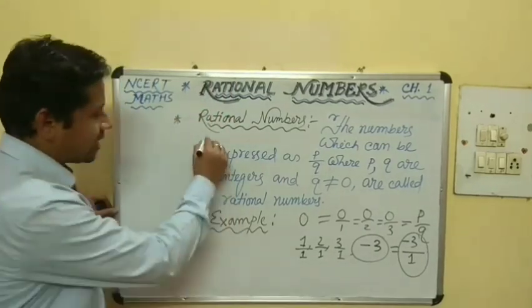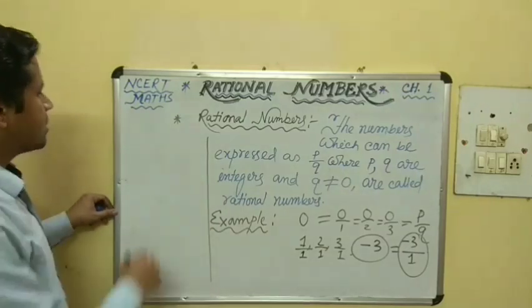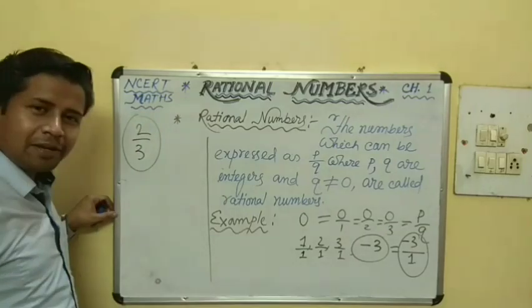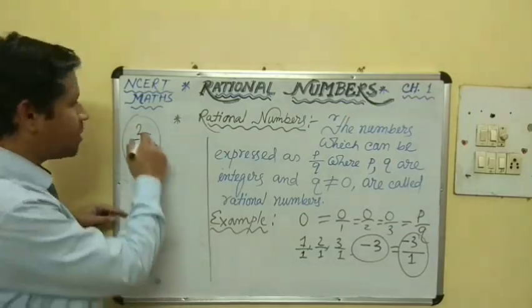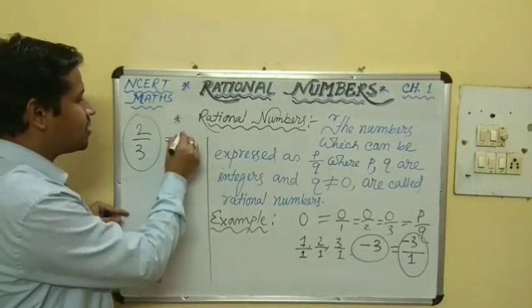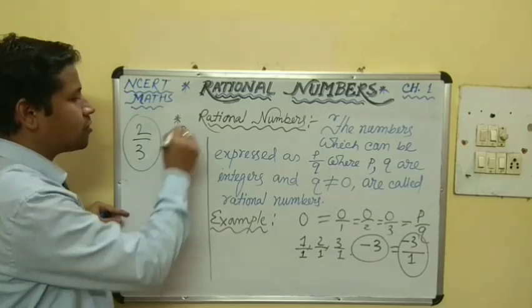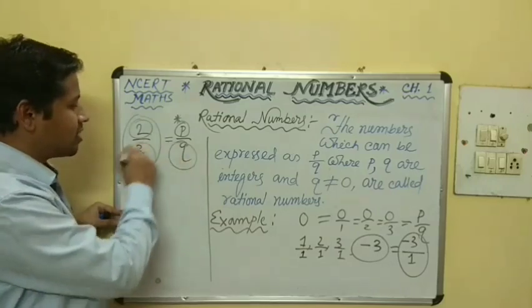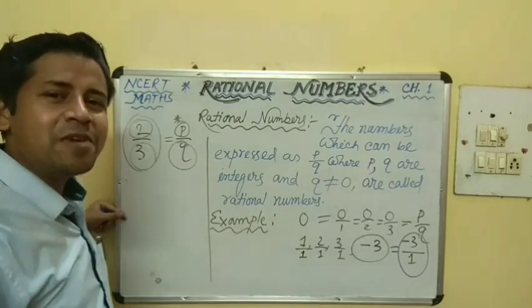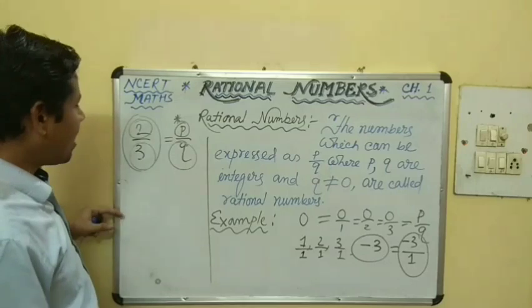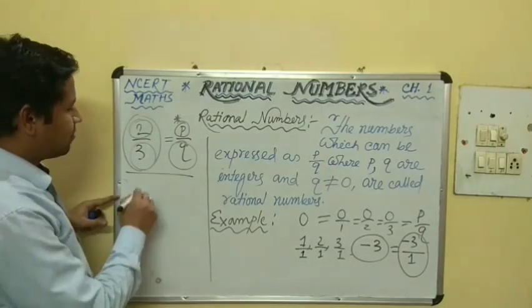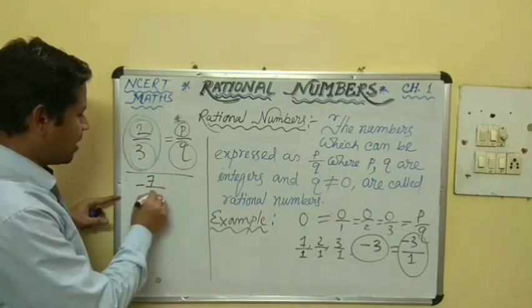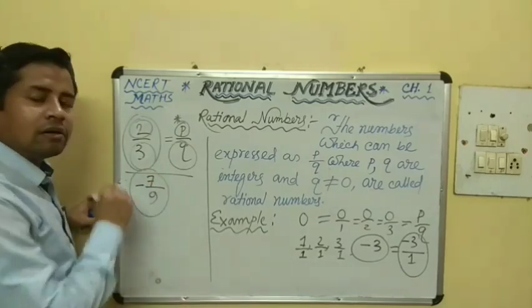Now let's take another example. Suppose 2 by 3. This is a rational number. Of course, it is already in P by Q form, where P is 2 and Q is 3. Now if I say minus 7 by 9, is it a rational number?